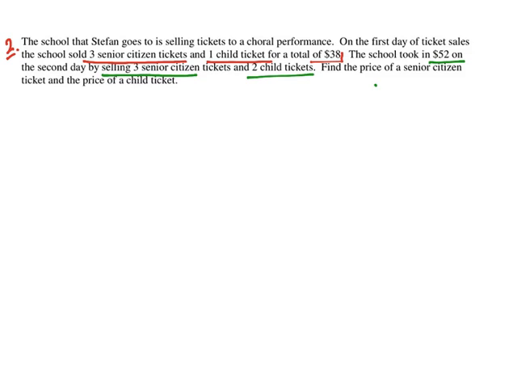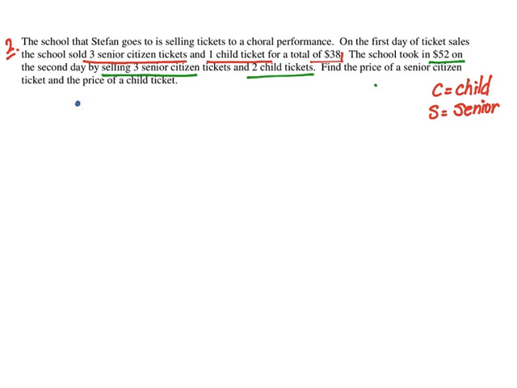So here the first thing that I need to do is set up my variables. For child tickets, I'm going to take the variable C, and for senior citizen, I'm going to take the variable S. Our goal now is to chalk out our two equations, which we can then solve using elimination or substitution.